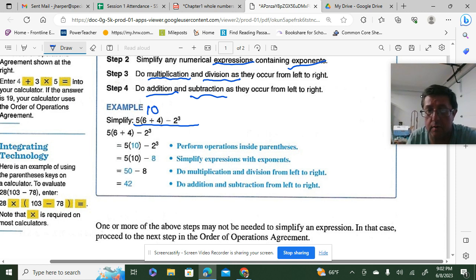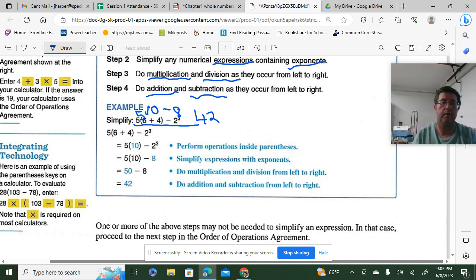Next, you're going to do the exponents. 2 to the third power is 8, because 2 squared is 4, then you times it by another 2, and it should be 8. So now you have to do in order. You have 5 times 10, which is 50, minus 8, which should be 42.